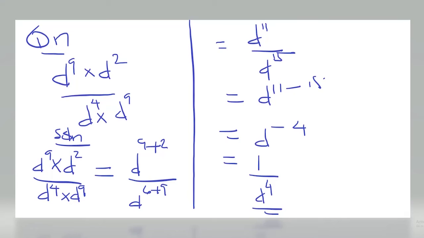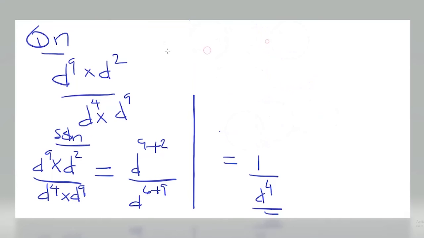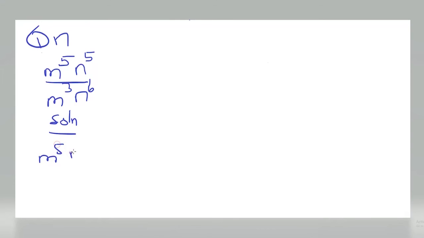I'd like to give you the last question and how you can solve it. For example, if I've given this question, m power 5 and n power 5 over m power 3, then n power 6. Now find the solution. You copy the expression, which is m power 5, n power 5 over m power 3, n power 6.